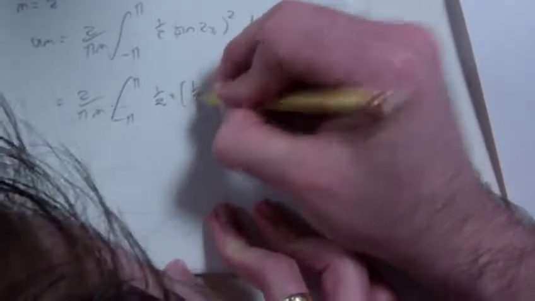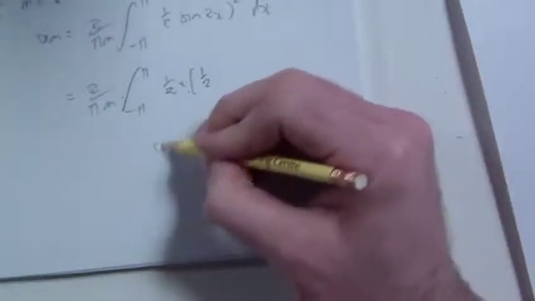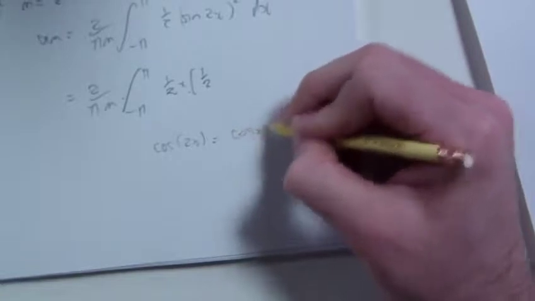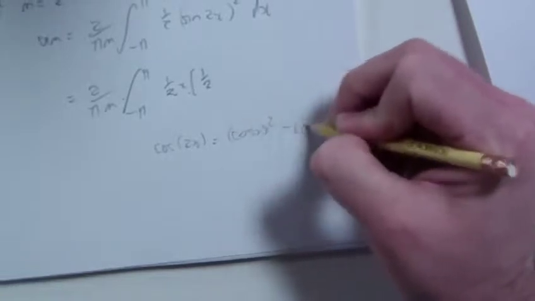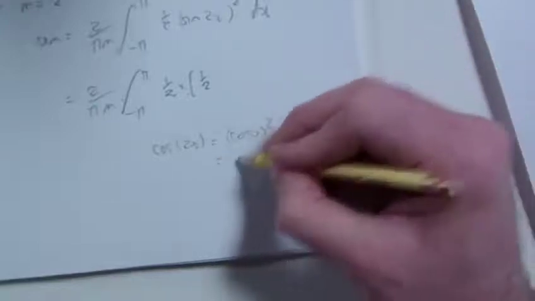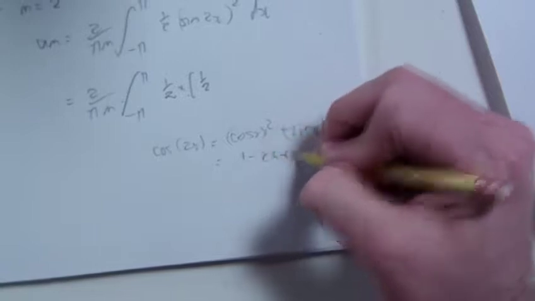I believe it's... what did I just write before? It was cos of 2x is cos x squared minus sin x squared, which is 1 minus 2 sin x squared.